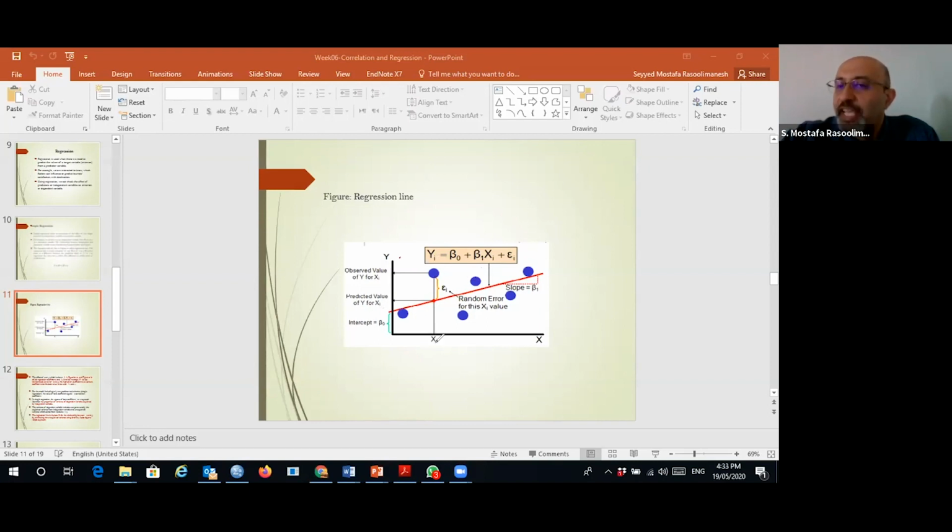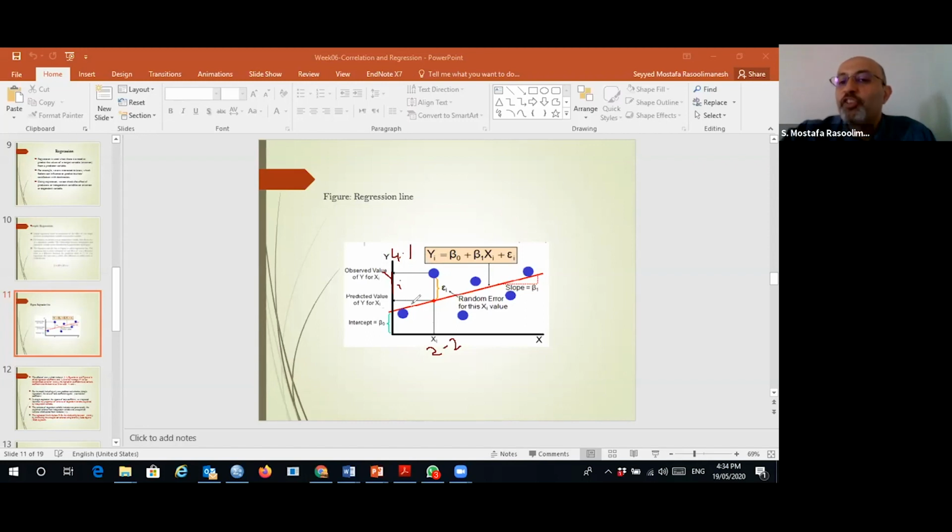So the value of x is x i, let's say 2.2, right? The value of y is y i, for example, 4.1. So this is the real value of y.